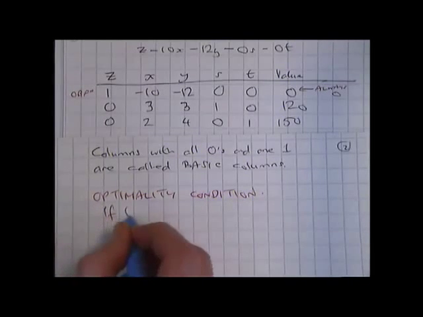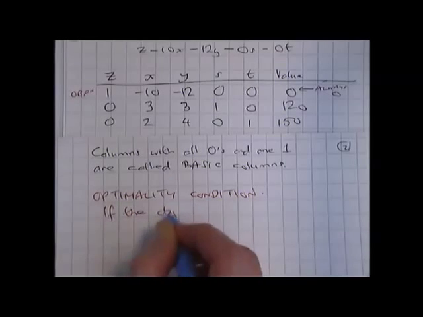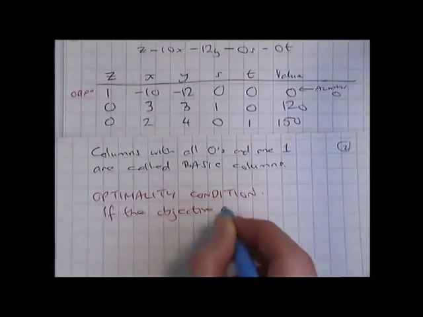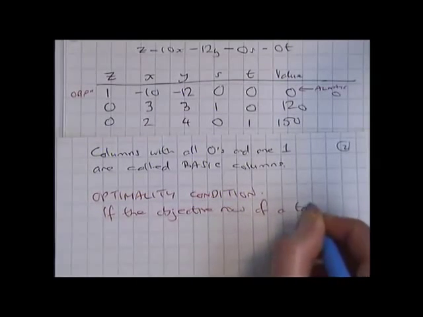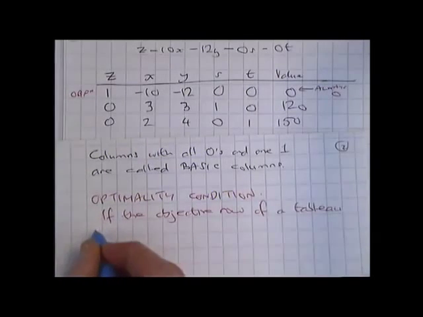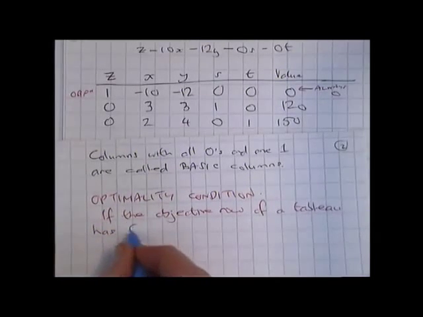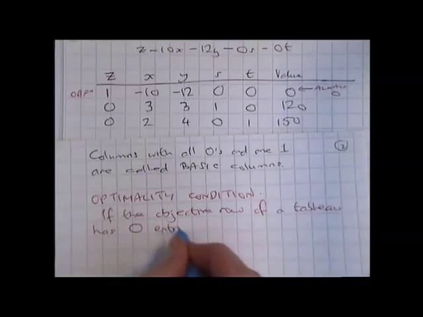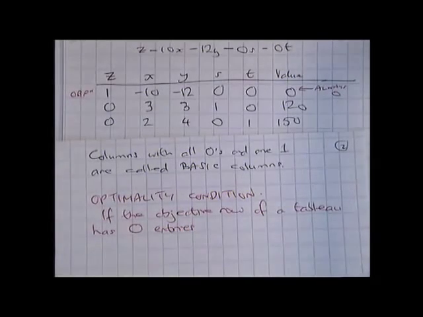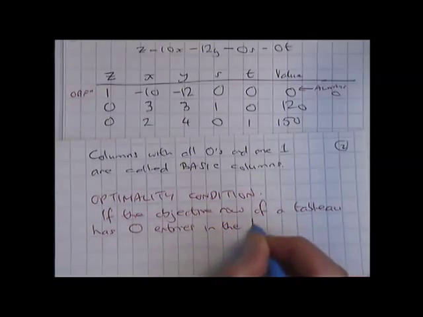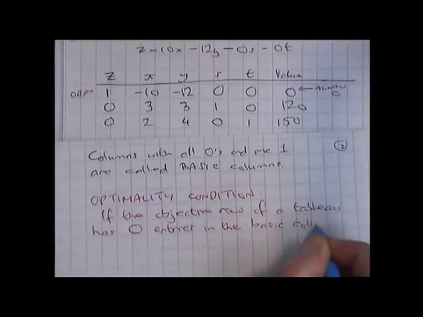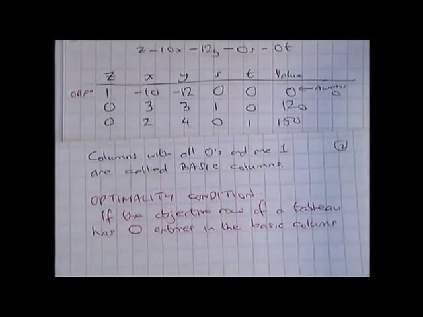And this is it. If the objective row of a tableau has 0 entries, that doesn't mean no entries, it means there are zeros in there, 0 entries in the basic columns. Now at the moment, does our objective row have 0 entries in the basic columns?